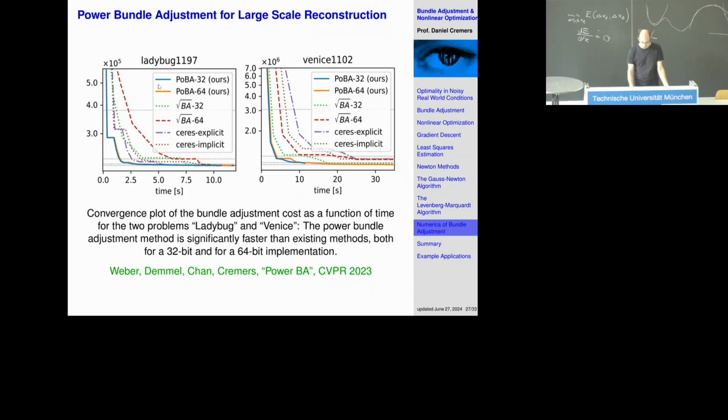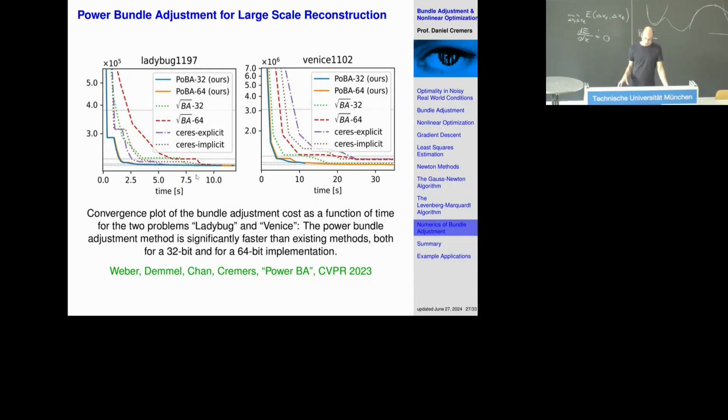Whereas existing solvers, this is a technique called square root bundle adjustment, and this is the commonly used Ceres solver, is much slower. In fact, if you take this cutoff and ask how long it takes to reach this energy level of the loss function, here we're talking about maybe 1 second or so, whereas here we're talking 6 or 7 seconds, or maybe more, right?